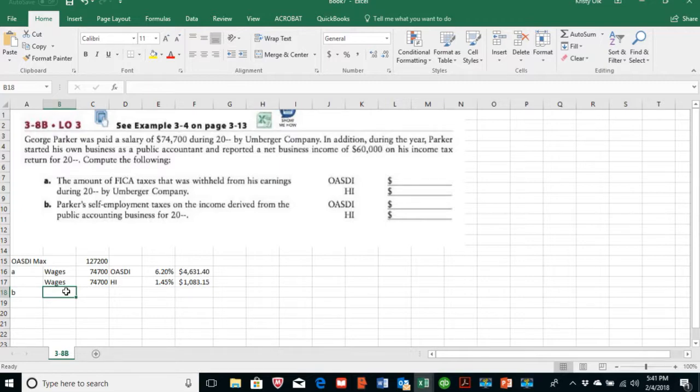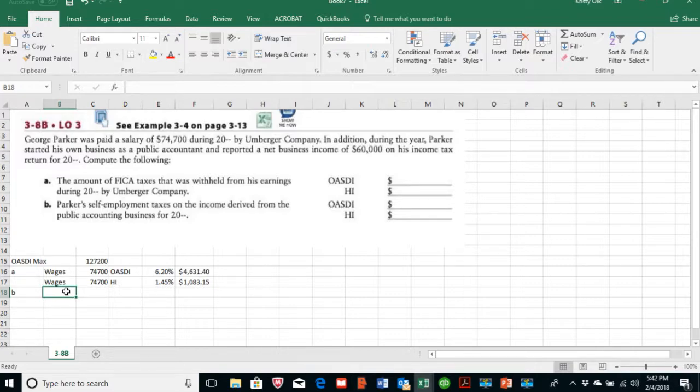If you were to exceed the 127,200 threshold in that year, then what would happen is that you would receive some of it back with the filing of your tax return. Now, this is on an individual basis. That cap is $127,200 per person, not per married couple. So just so that you're aware.